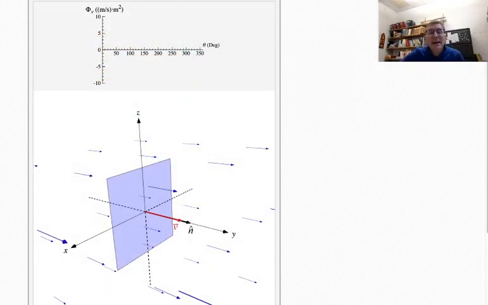And now you're looking at an attempt to give you a 3D representation of a velocity field, a uniform velocity field. That's all those blue arrows that you see. You also see 3 axes, x, y, and z. Note that the velocity then is in the y direction.